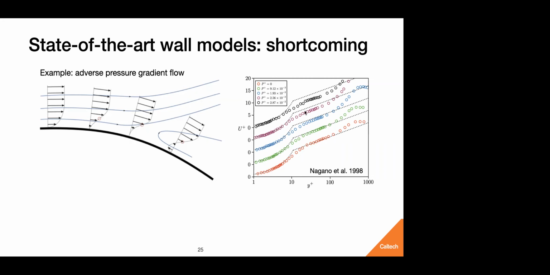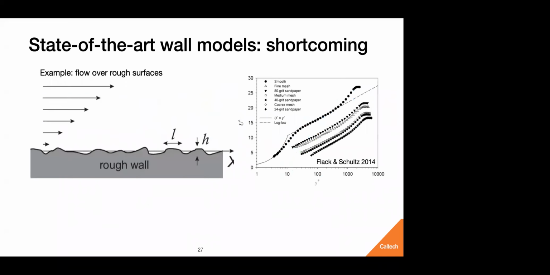So in this case, you cannot use the current wall models and expect to get good results. That's the issue here. Wall models would need to be recalibrated for all values of the pressure gradient, which is just not feasible. So again, that's why the current wall models are an issue.